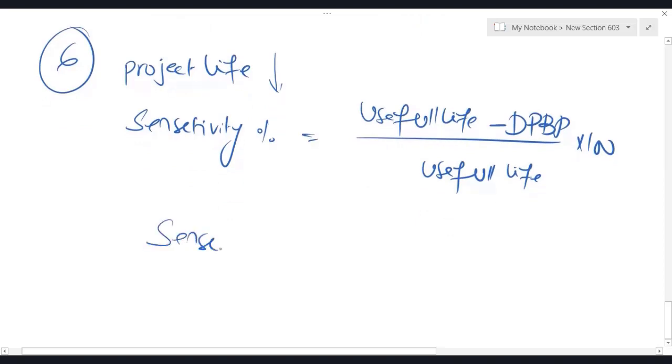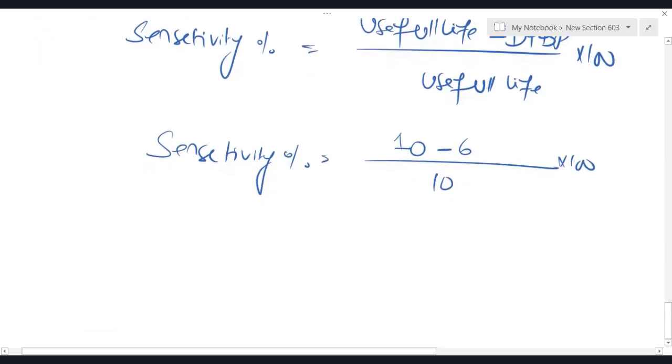So sensitivity percentage: I'm assuming that the useful life is, let's say, 10 years, minus the discounted payback, assuming the discounted payback is 6 years, divided by 10 into 100, it becomes 40%. If you just use the formula, you will get 40%.